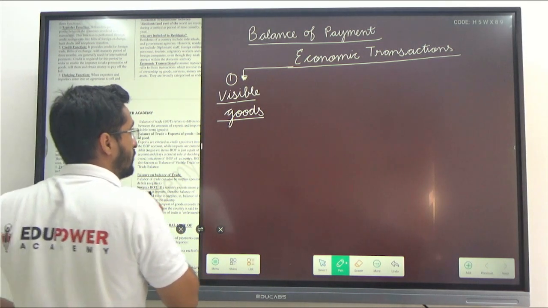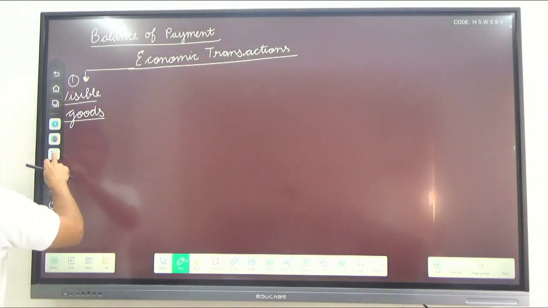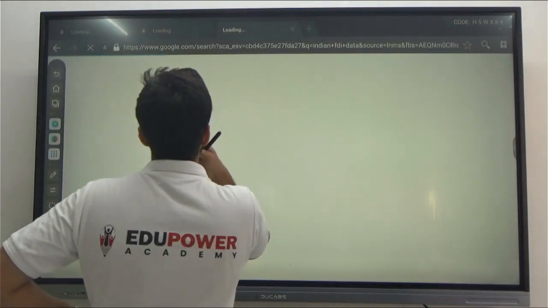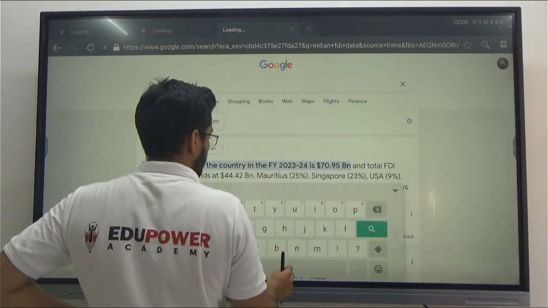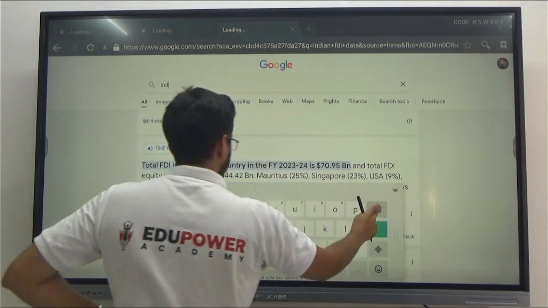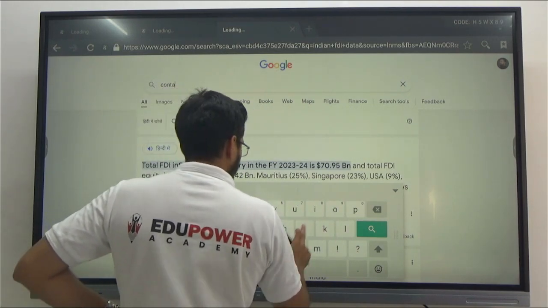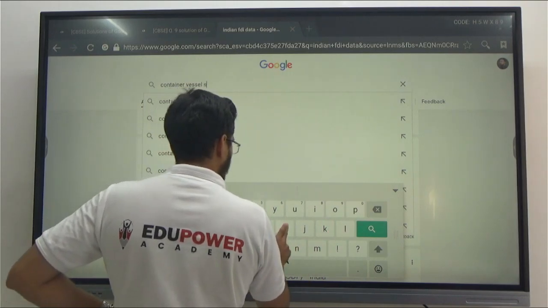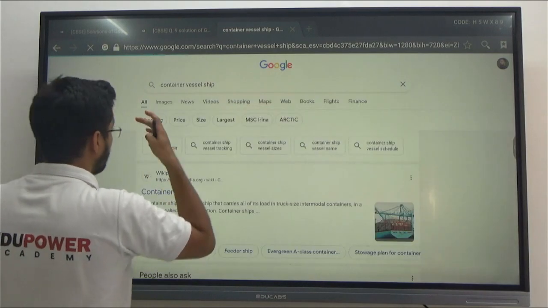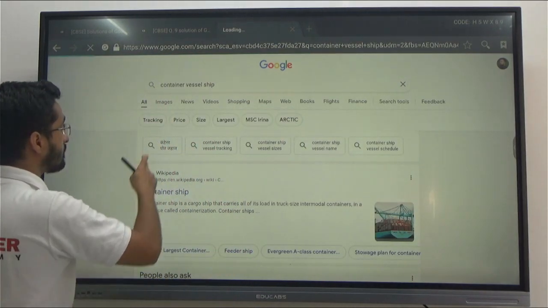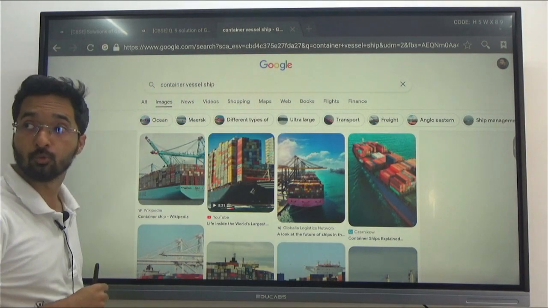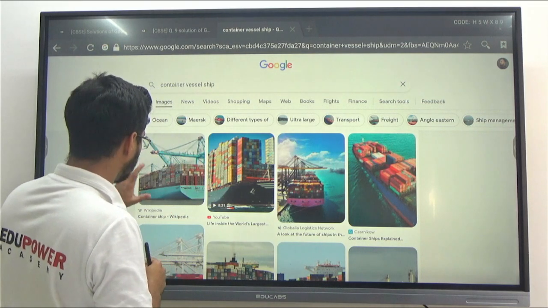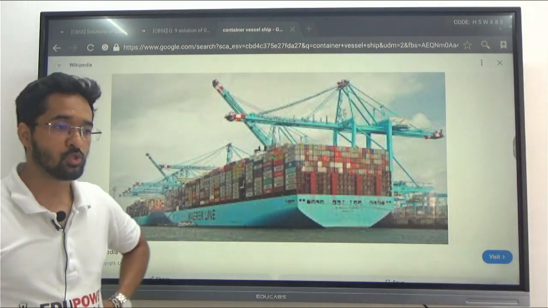So let us just have a look. India has many ports, and on these ports we have big ships.